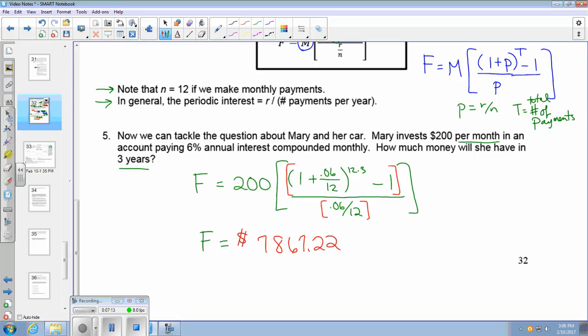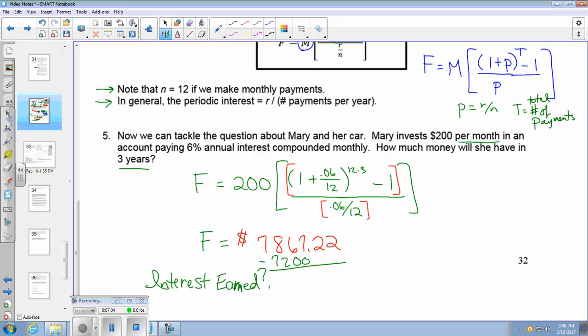Right, so as an aside, we know how much money she's going to have in 3 years. Let's see how much interest got earned. I know this question isn't asked for, but how much interest did she earn? So interest earned. Well, remember she put in $7,200.